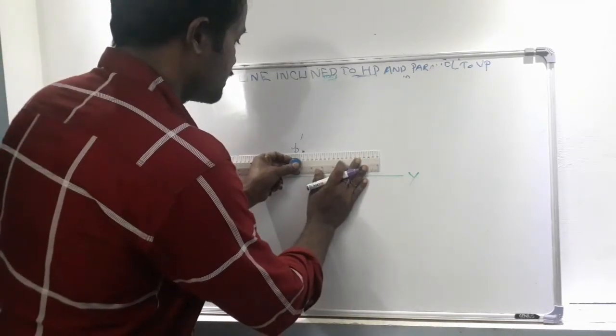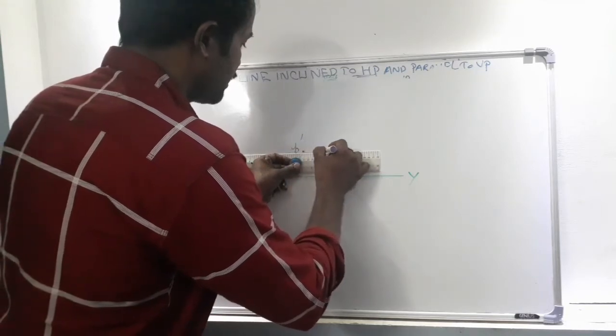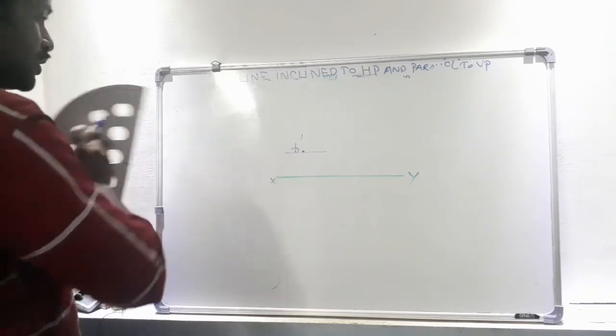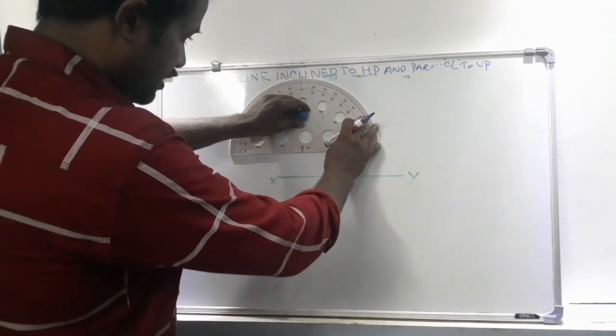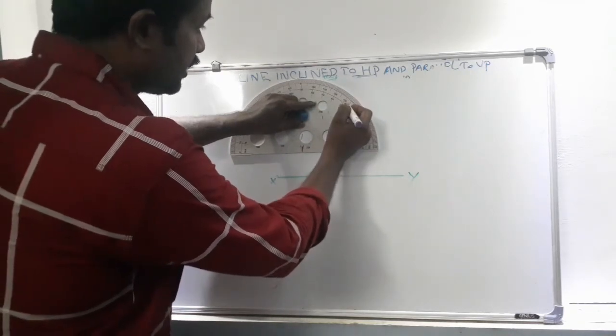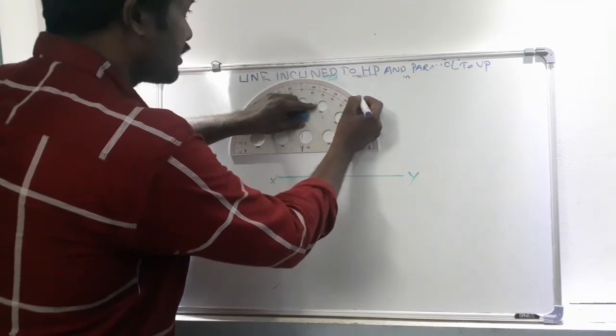Now draw a smooth horizontal line parallel to the reference line. Now place your protractor at point B and mark 45 degree here.